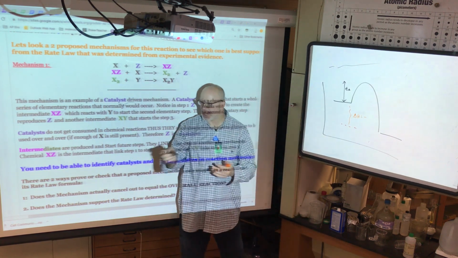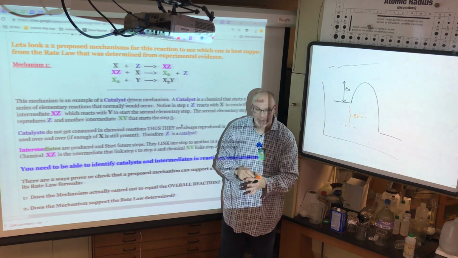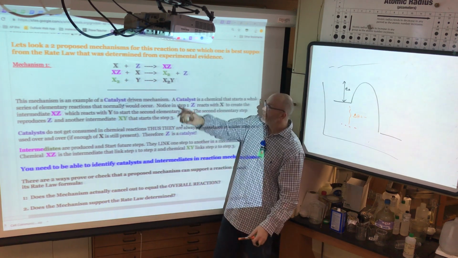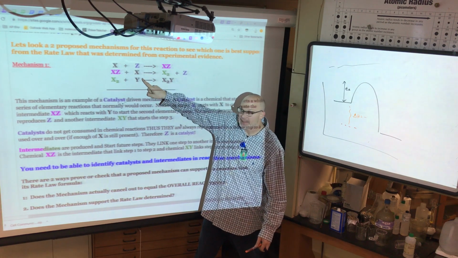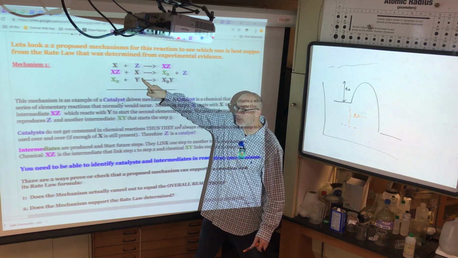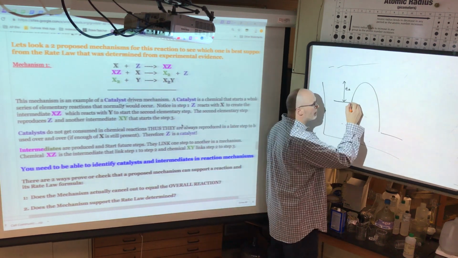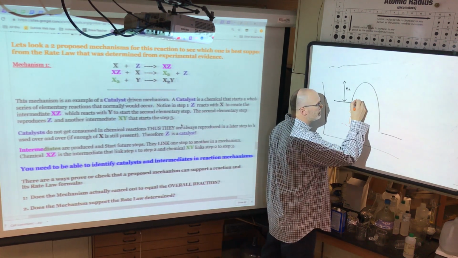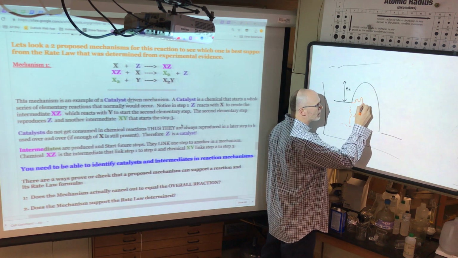Okay, you guys learned that a catalyst lowers the activation energy. But how does it do that? It does it because it starts a whole series of reactions that collectively has a lower activation energy. So these are three reactions, right? So let me draw them. One might be endo, one might be exo.